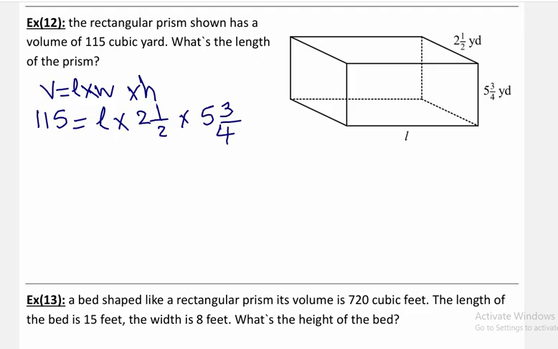Let's convert the mixed numbers into ordinary fractions. Length times 5/2, 5 halves, times 23/4. Why 23/4? 5 times 4, this 5 whole. Each whole contains 4 quarters. So we have 5 times 4, 20 quarters. Plus 3 quarters, then we have 23 quarters.